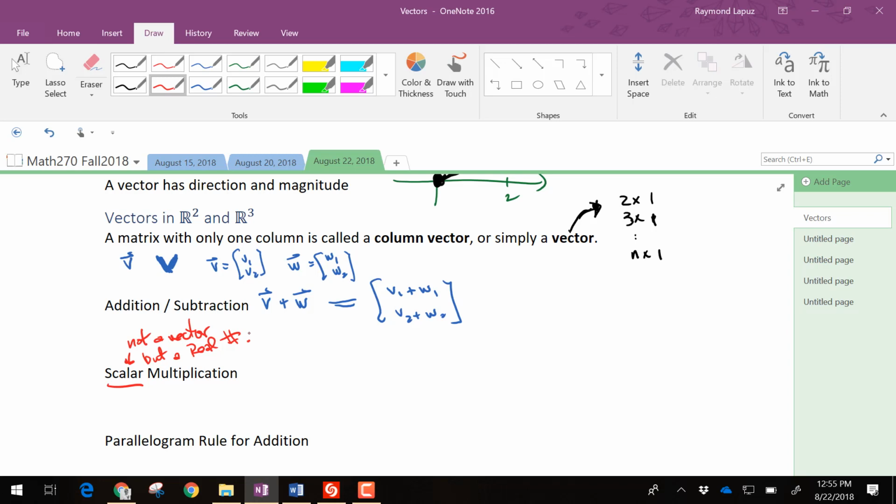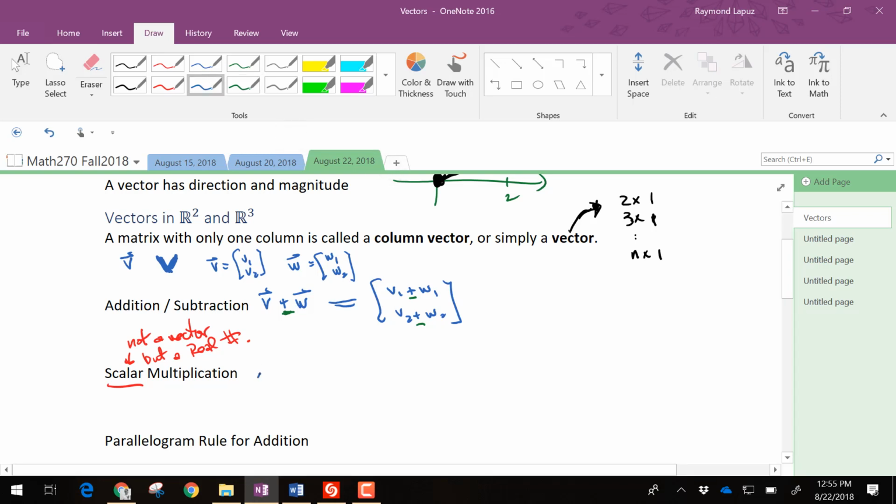Oh, yeah, subtraction will be the same thing, plus and minus. We could also look at subtraction as addition with scalar multiplication. So as we do the scalar multiplication, we'll see how that would work.